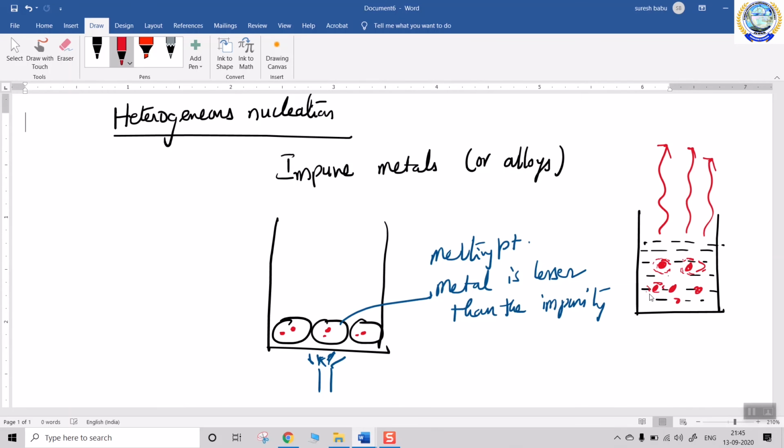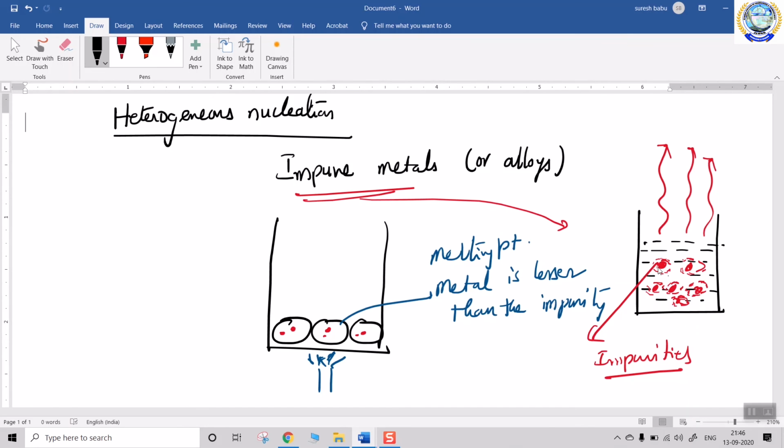Is that clear? So, there is no need to form a nucleus for this heterogeneous formation. The formation of a nucleus will happen on the surface of impurities. So, impure metals will solidify very easily and fast.